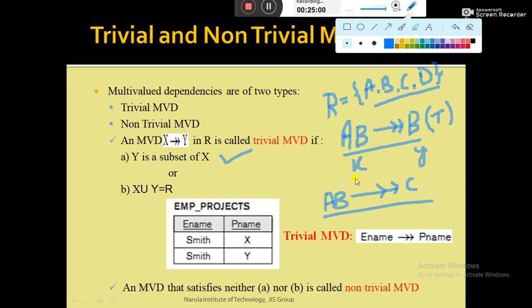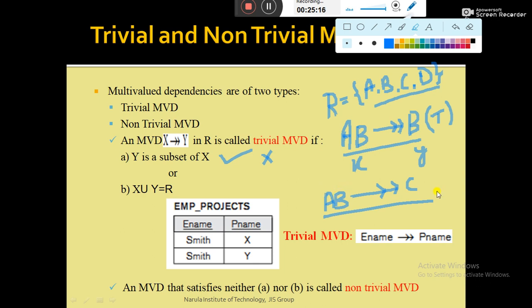Now C is not a subset of AB, so the first condition is not true. Now the second, X union Y: if you union A, B and C, will we get back R? No, we are not getting back R.